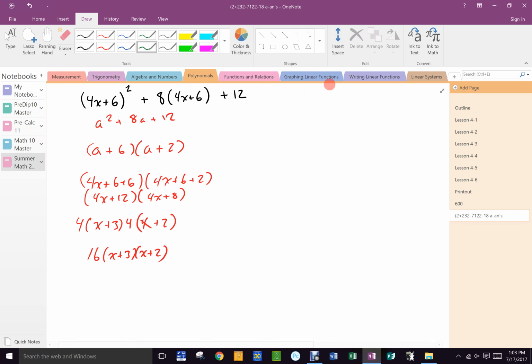Last one. This one's really tricky. I haven't even shown you anything that looks like that. Yeah, the green one. See if you can do something with that.